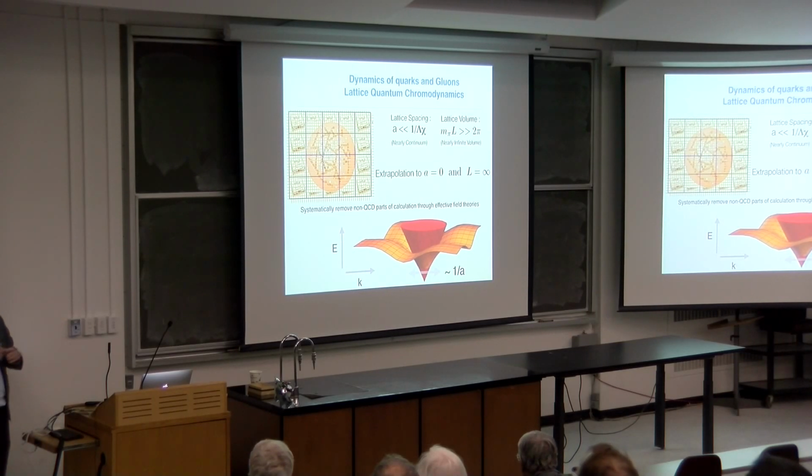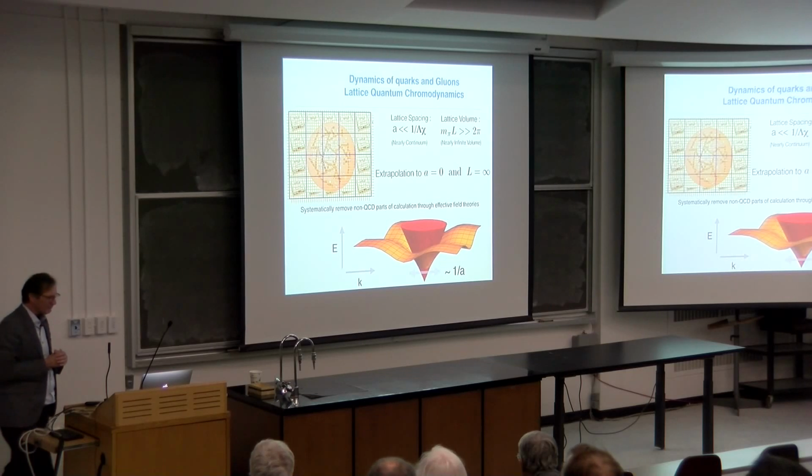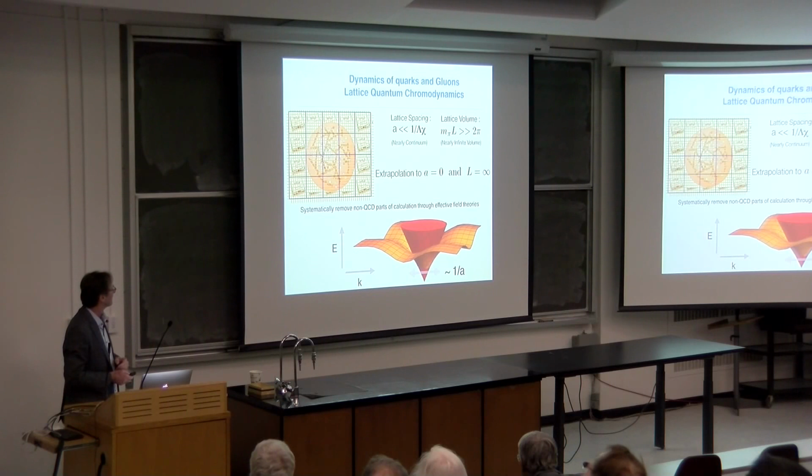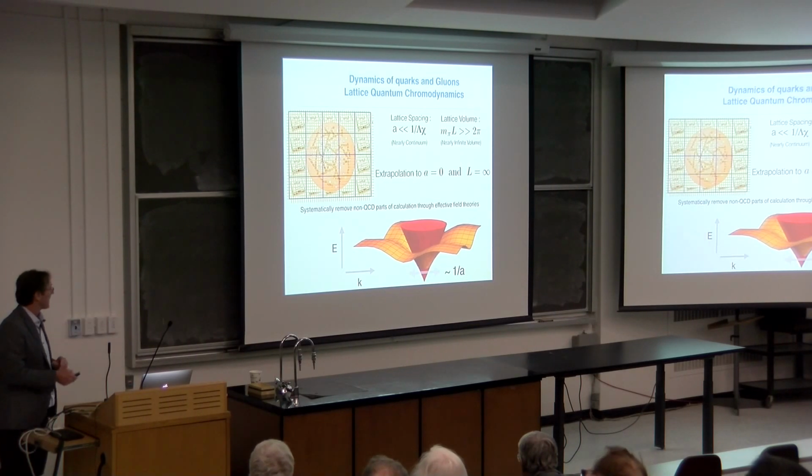extrapolations can be taken to infinite volume in a controlled way and give you the predictions of the physics that you're interested in. Now, one bears in mind, because you actually have a finite lattice spacing and a finite volume, you've modified both the short distance behavior and the long distance behavior of your theory.